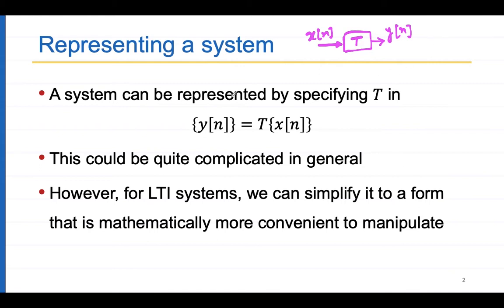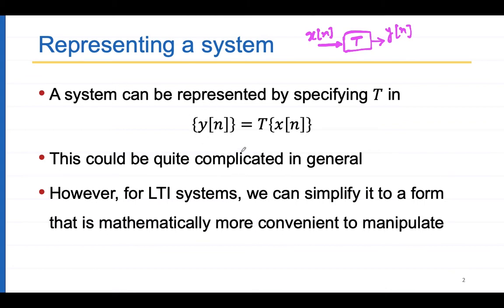Now the system can be represented in this form by specifying T. So if I know T, given any input sequence xn, I can compute my output sequence yn by using this formula: this input sequence xn, when operated upon by the transformation system T, gives the output sequence yn.